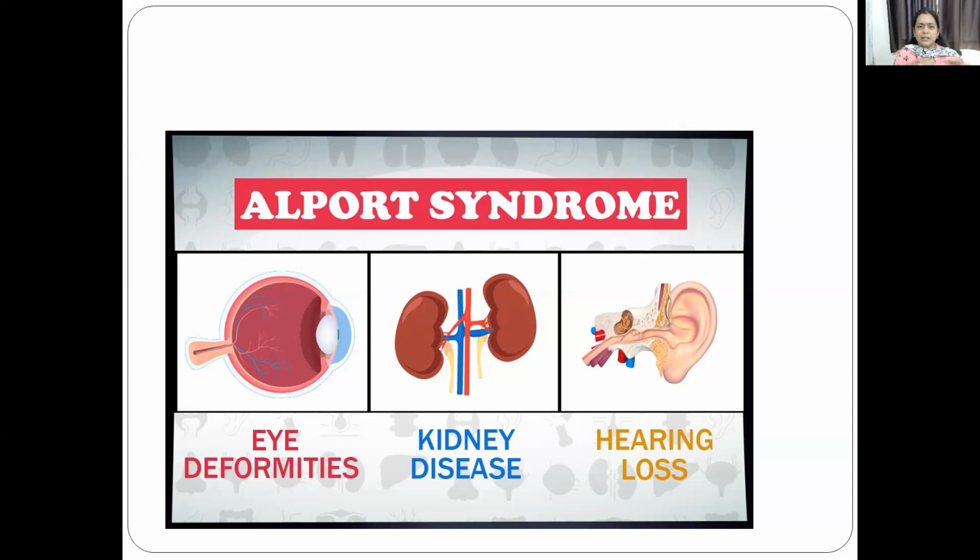Then there is an electron lucent area, and the lamina externa and lamina interna. Remember, the basement membrane is formed by alpha 1 to alpha 6 collagen chains. Any abnormality in alpha 3, 4, 5 chains will cause Alport syndrome.